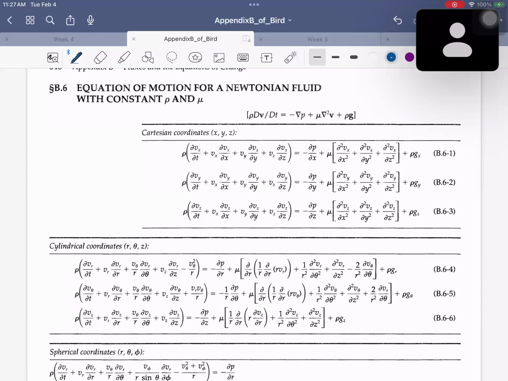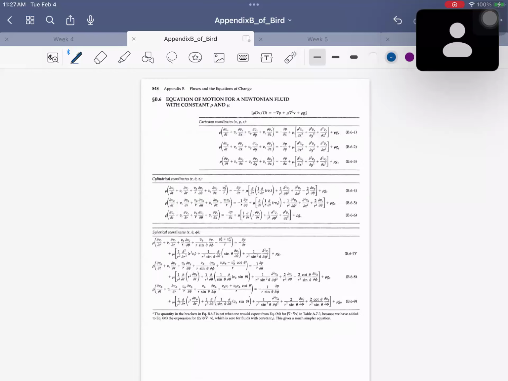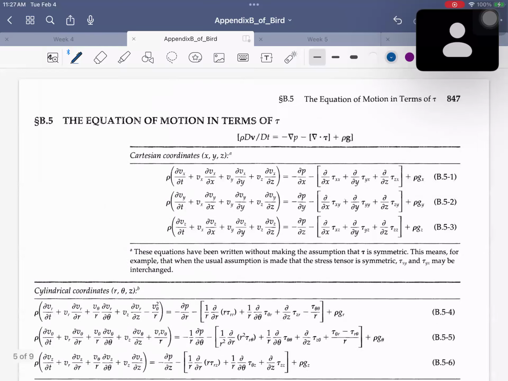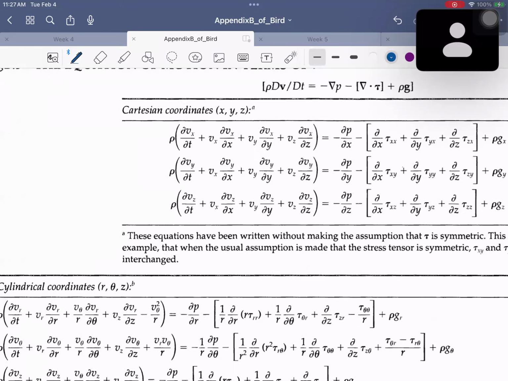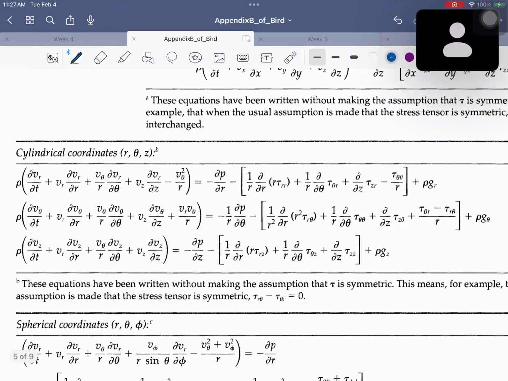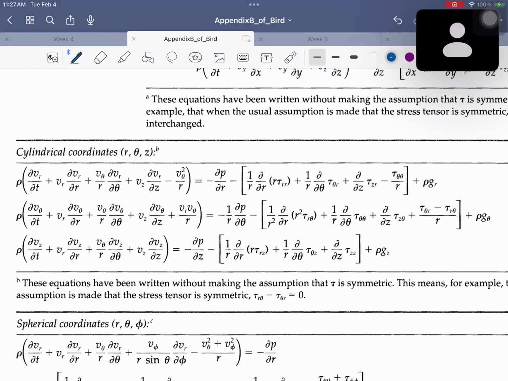But let me show you this. What if I apply the B5 equation, which is the equation of motion, in the form of the shear stress? Can I do that?